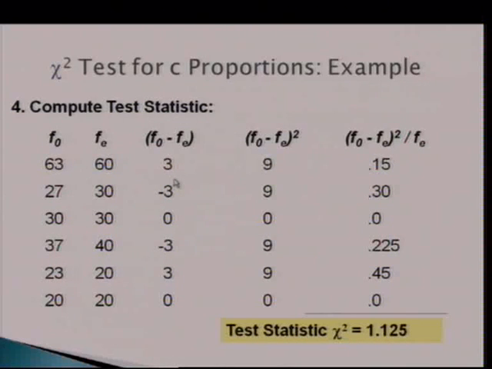Take their difference in the third column. Take the square of the third column and then divide the fourth column by the corresponding fe, the expected case, and then we have got this value. Now take their summation over this column. That is nothing but our chi-square, because chi-square represents the summation of (f0 minus fe) whole square by fe.